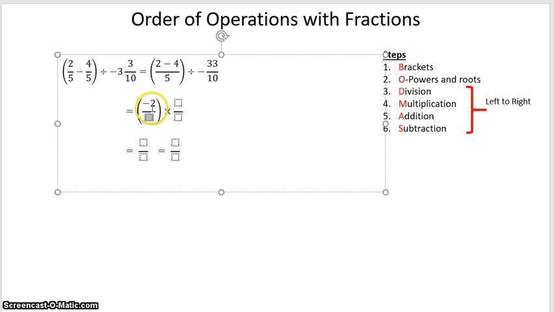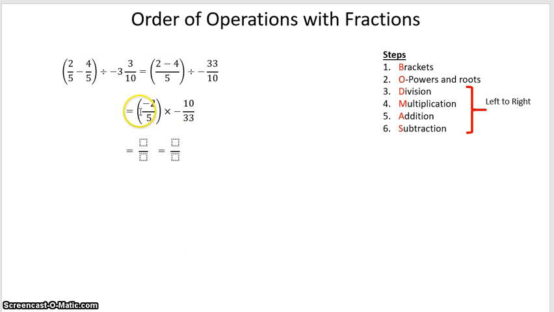The denominator is the same, and then for the divide I'm going to change to times. When I change the divide to times, I'm going to flip the fraction, so instead of 33 over 10, I'm going to write 10 over 33. And I must remember the minus, so the negative sign needs to be written down.